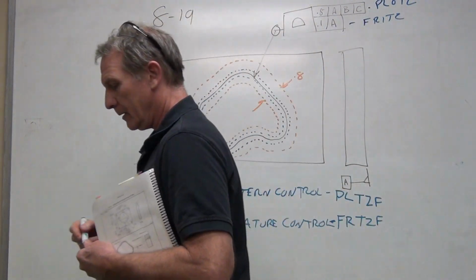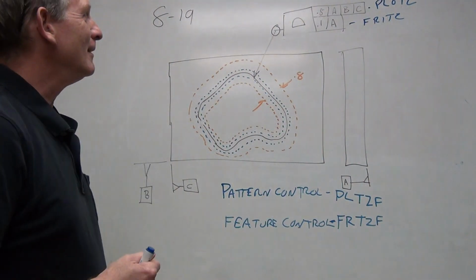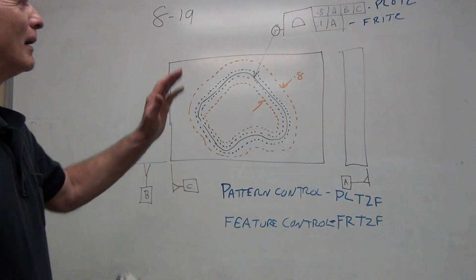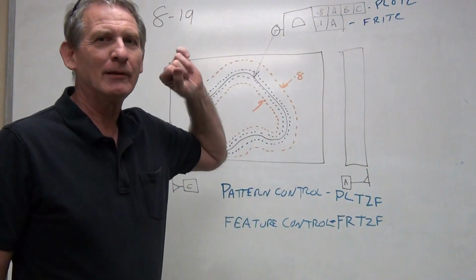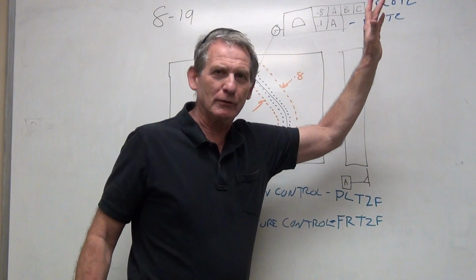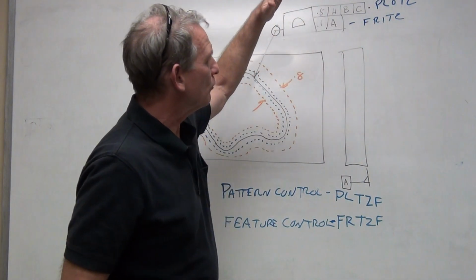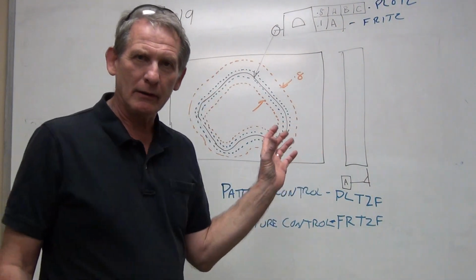Plots is actually a word in Yiddish. It doesn't mean anything good, so bottom line is these are both stupid, cumbersome terms, but this is the best we can do to make them at least palatable to English speakers. And we call this upper feature control frame the plots because it controls where the pattern is.